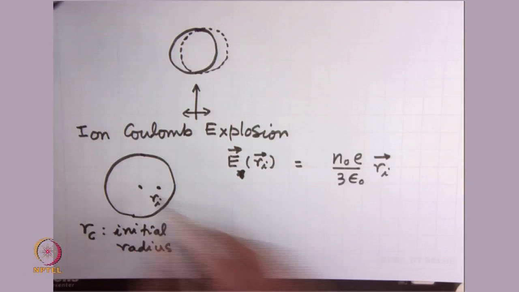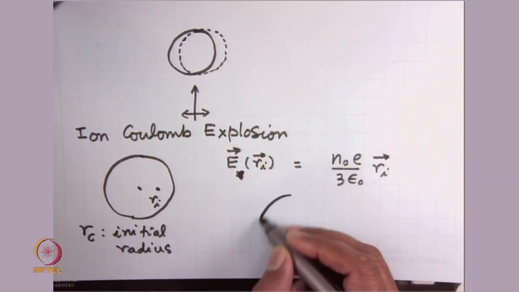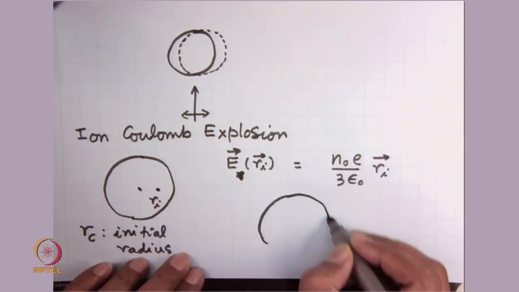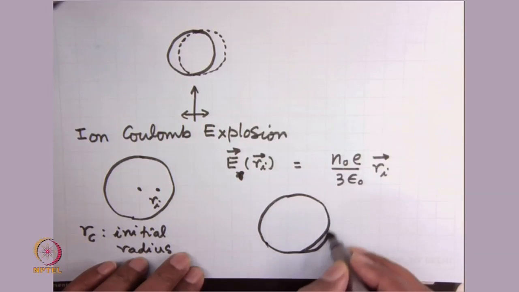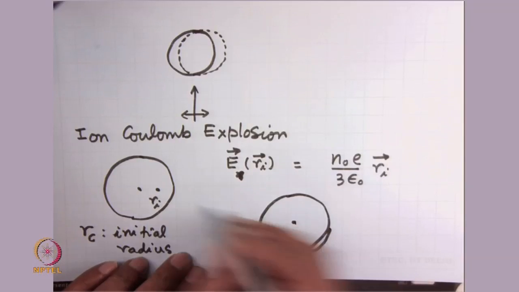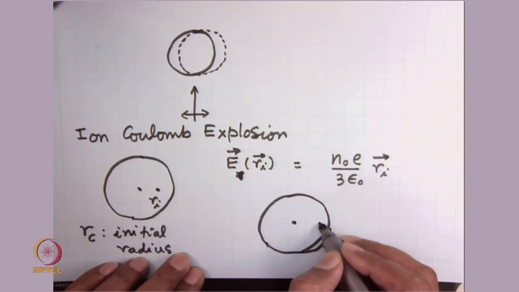So when this has expanded to a bigger size, suppose this is the bigger size it has acquired later on, then the ion which was here has moved to somewhere here.